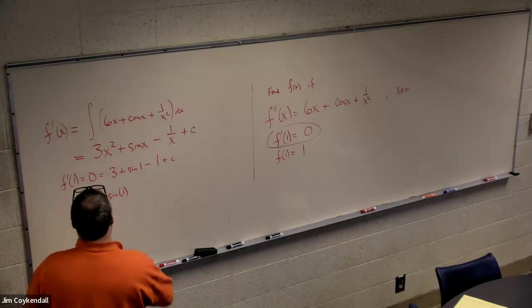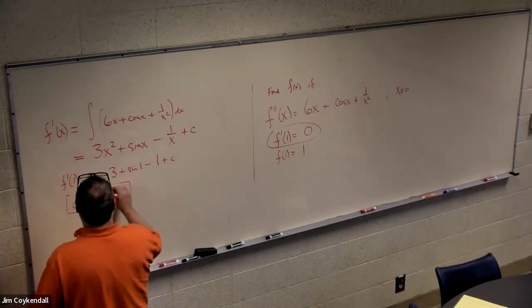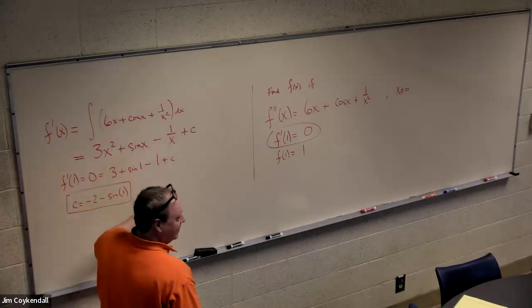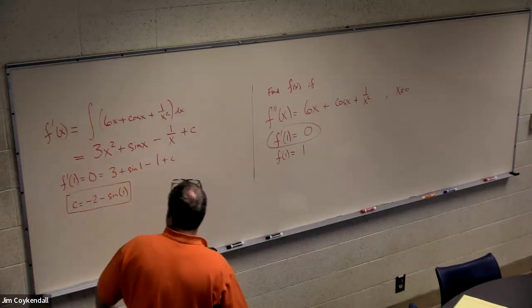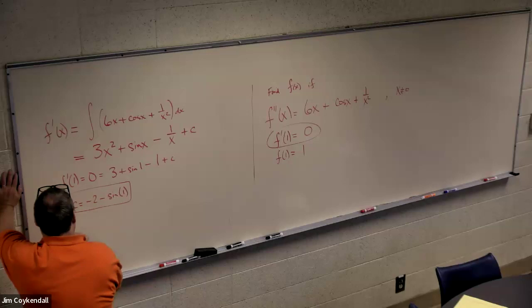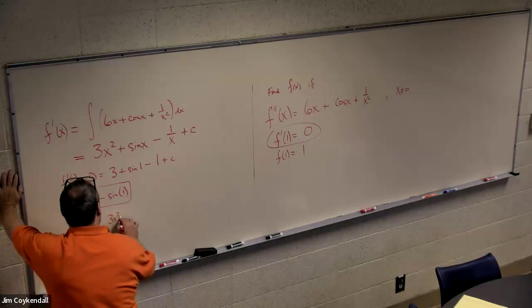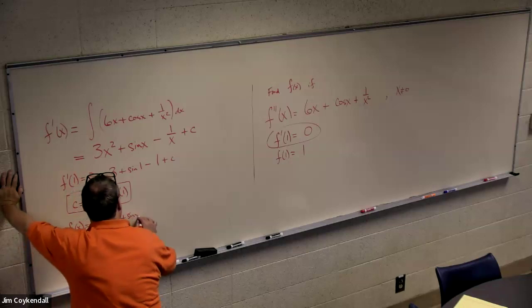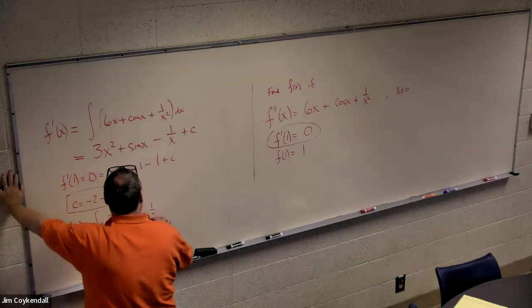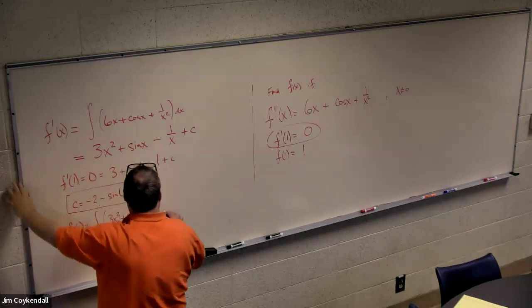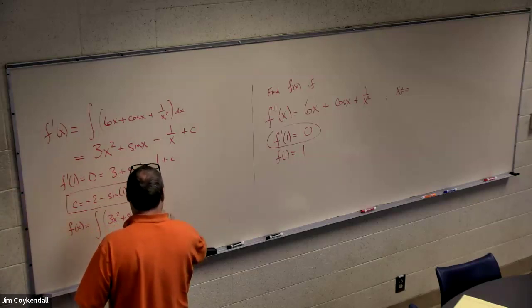Actually, instead of writing this every time, I'm just going to write C. So now, f of x is the antiderivative of 3x squared plus sine x minus 1 over x plus c.